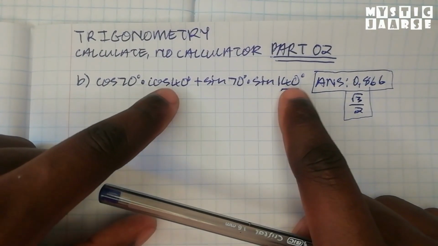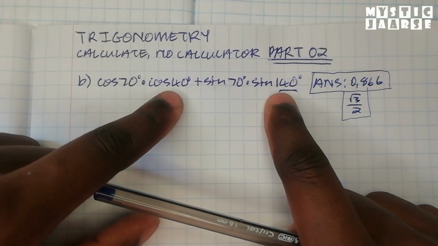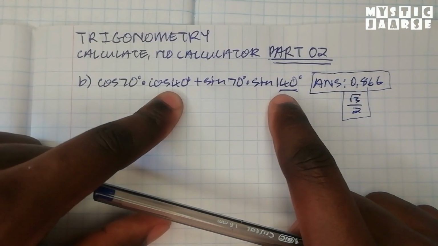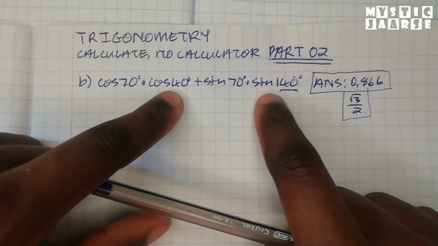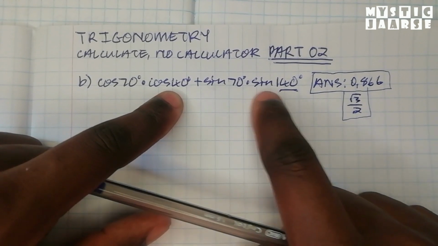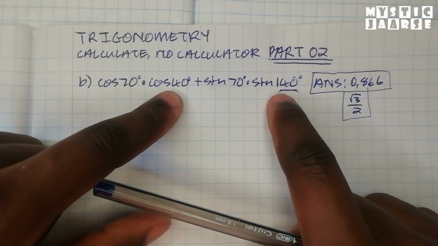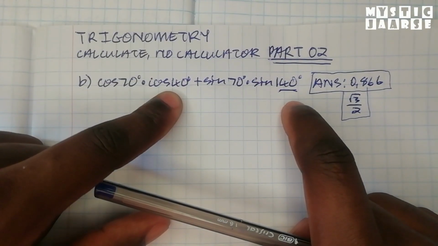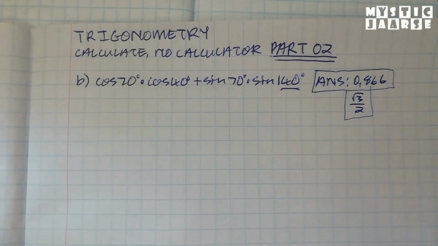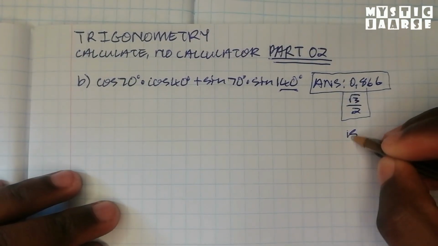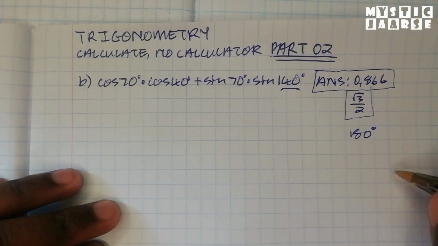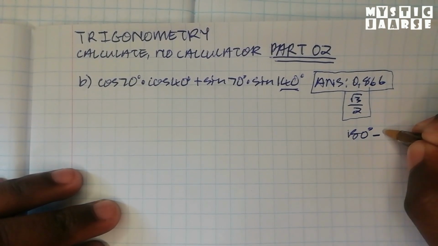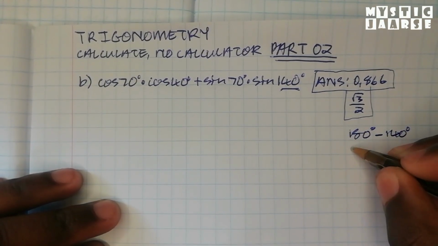What about these ones? You see, cos of 40 is a smaller angle, but 140 is way too big, so we need to reduce 140. Now what is the angle that is closest to 140 that we normally use to reduce angles? Well, that's 180 degrees. And what happens when you subtract 140 from 180?